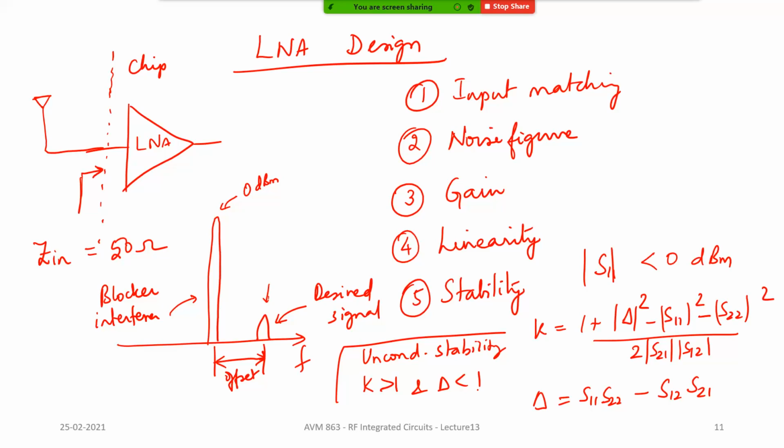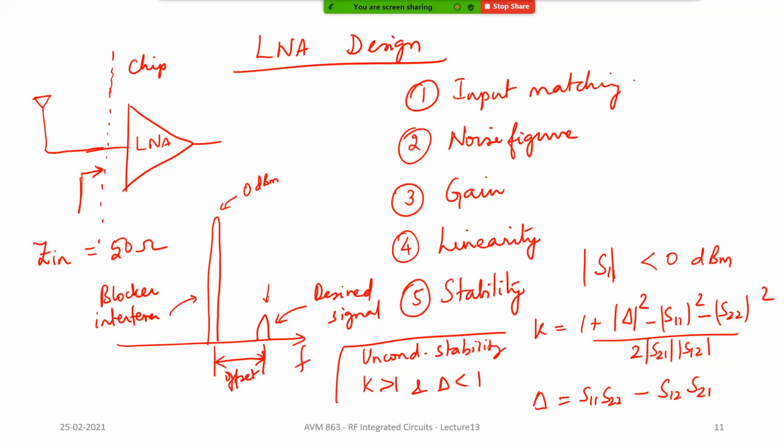If it is not stable, then your amplifier will become an oscillator. Physically, if you take an amplifier and it becomes unstable, it starts oscillating at a certain frequency. You don't want that to happen. Your amplifier should stay an amplifier and your oscillator should stay an oscillator. So stability is also an important parameter.